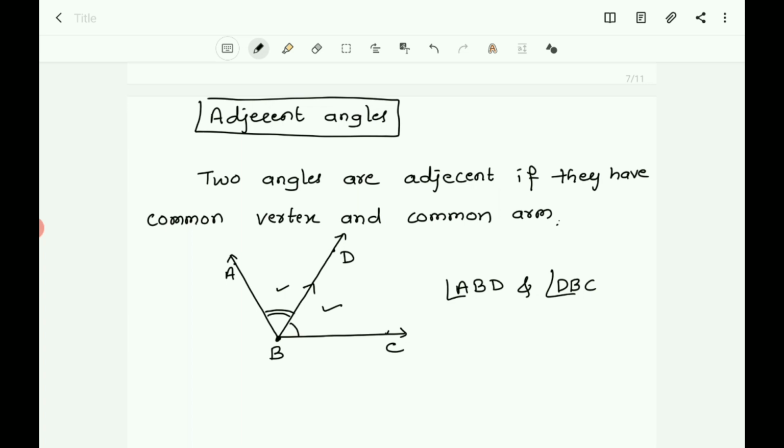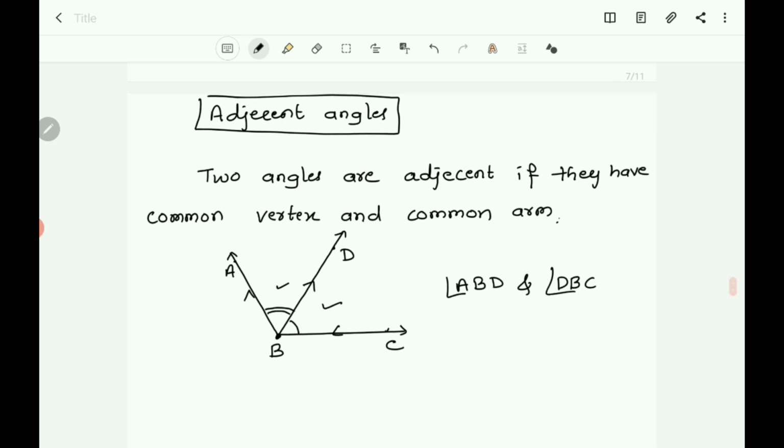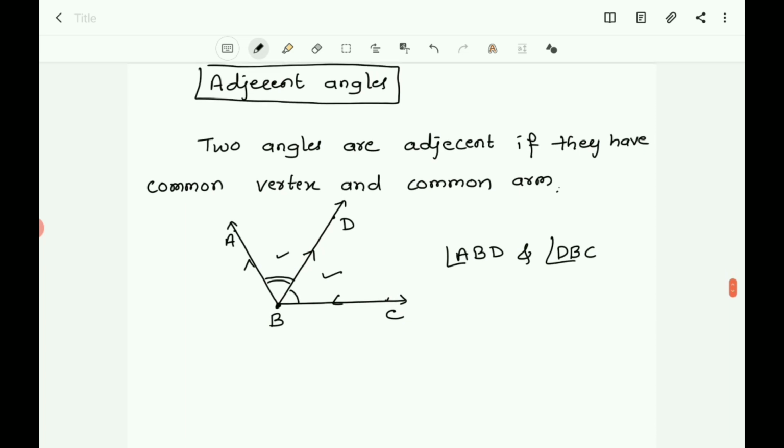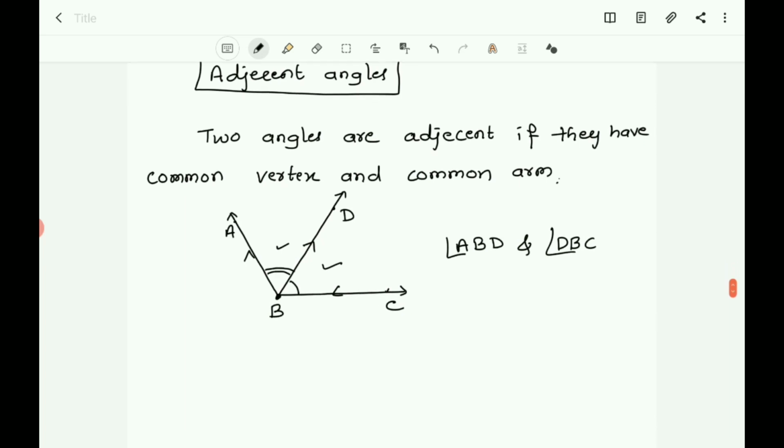And also, here ray AB and ray BC are uncommon arms. Adjacent angles have a common vertex, a common arm and two uncommon arms.